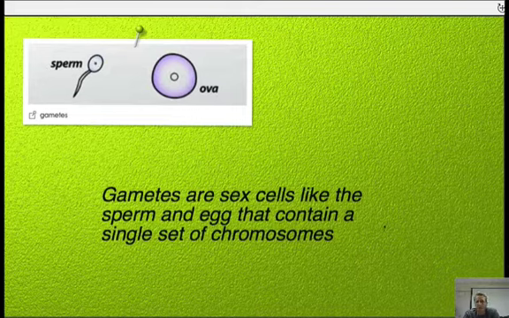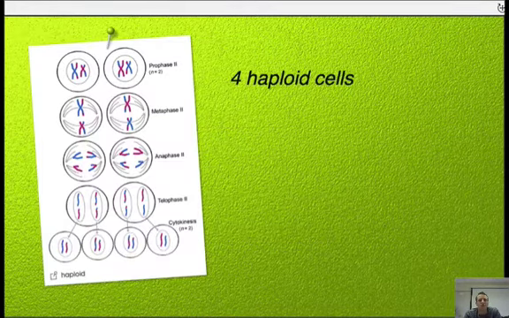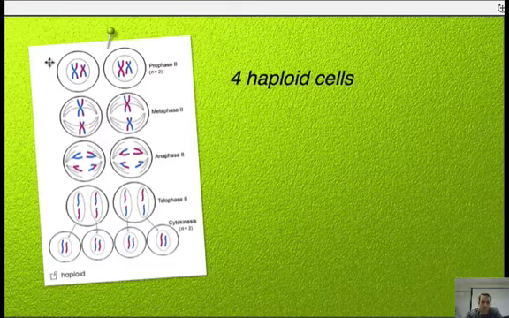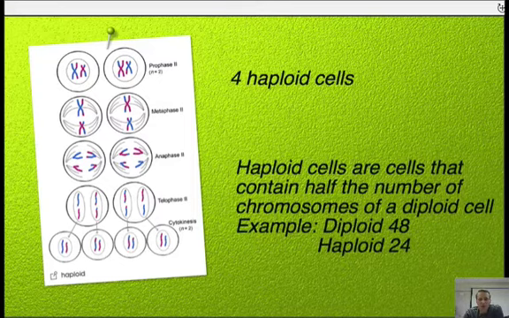Now, we already talked about how many cells meiosis produces. And once again, that is 4 haploid cells. Remember here, this has already gone through the first stages of meiosis, starting at meiosis 2 here. But once again, you get 4 haploid cells. And what haploid means is that haploid cells are cells that contain half the number of chromosomes of a diploid cell.